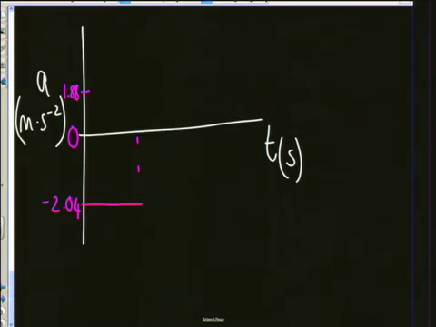Let's try that again. It is initially negative 2.04, and then for 30 seconds it is stationary, and then it is, sorry, that's a little high, 1.88.